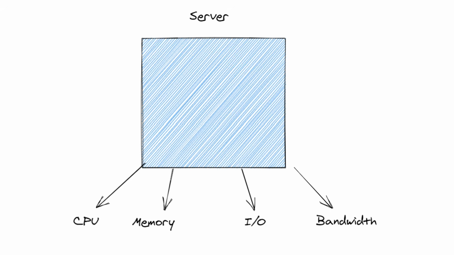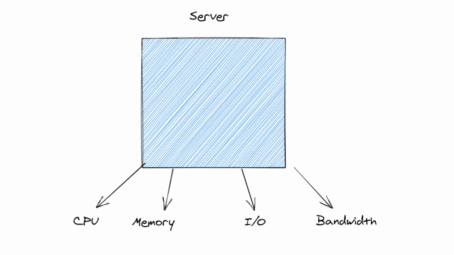So there's a couple different ways or reasons this could be happening. First would be CPU. If you're doing a certain function that requires a lot of processing power, that's obviously going to eventually overwhelm the CPU and slow things down. Same thing with memory, where if your app is doing something where it needs to hold large chunks of data in memory, that will get full and it won't be able to process as many requests at the same time.